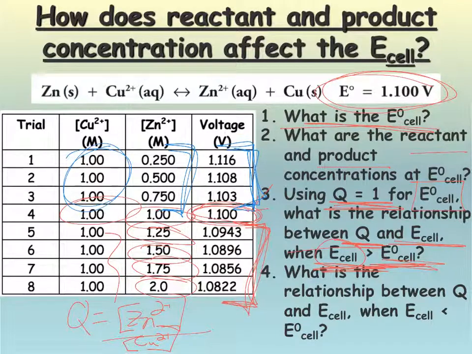So when your Q is less than 1, what that's telling you is that you need to go towards equilibrium, and to do that, you're going to drive that forward reaction really fast, and so you are going to end up with a slightly higher cell voltage than at standard conditions.